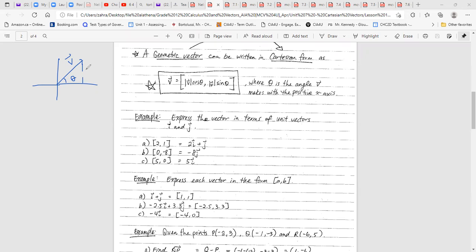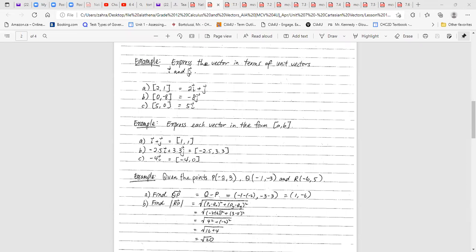Opposite is sine, so the y component is going to be V sine theta. And adjacent is cosine, so this side is going to be V cosine theta. So my x component is V cosine theta and my y component is V sine theta, as we did before in the previous unit.